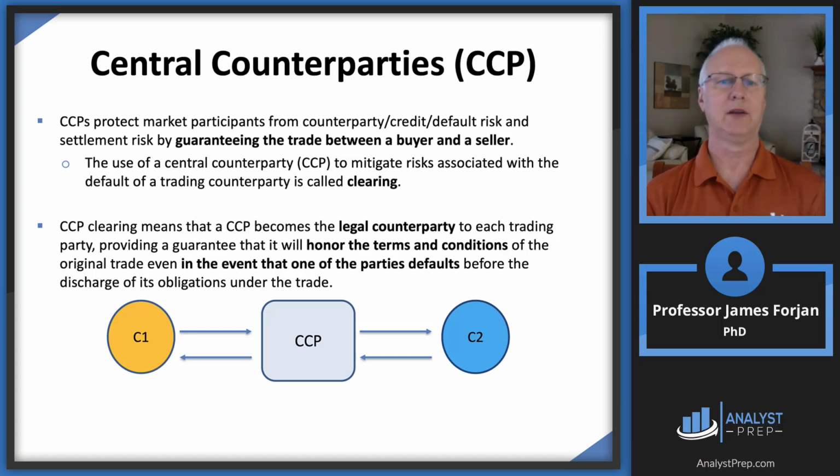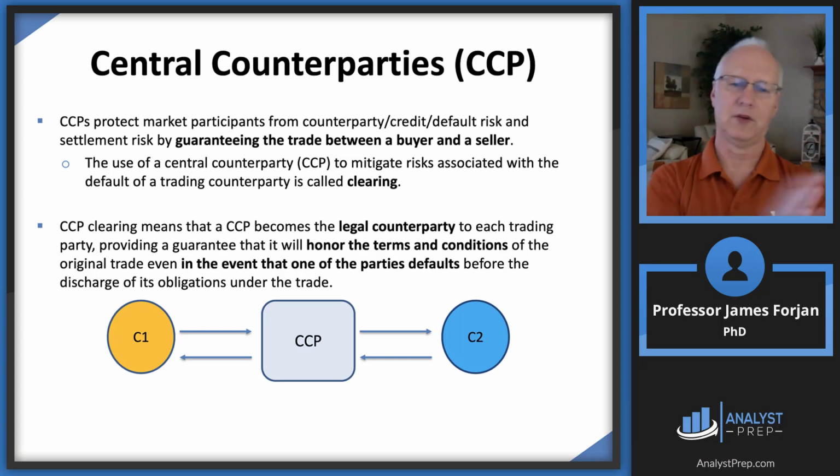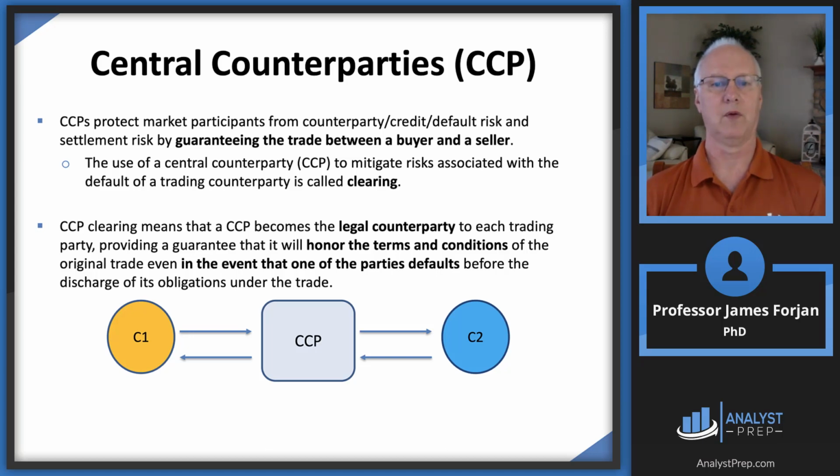Well, anybody can act as a central counterparty to guarantee a trade between a buyer and a seller. But in this over-the-counter market, note that the CCP becomes a legal counterparty to each trade. So that's why I have the light blue box in the middle, and then there's a contract with Counterparty 2, and there's a contract with Counterparty 1.